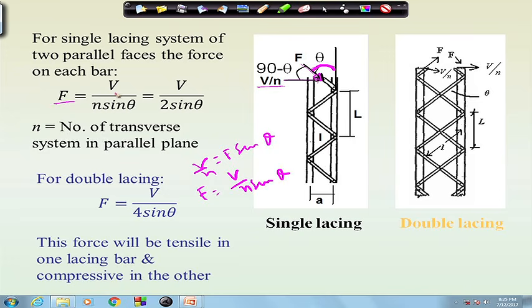If the number of parallel planes is 2, for single lacing it is generally 2, so F is V by 2 sin theta. Here N is the number of transverse systems in parallel planes. Now, for double lacing it will again be divided by 2, because it will be distributed in 2 cases. So, F will become V by 4 sin theta. As I told, this force will be tensile in one bar and compressive in the other bar.